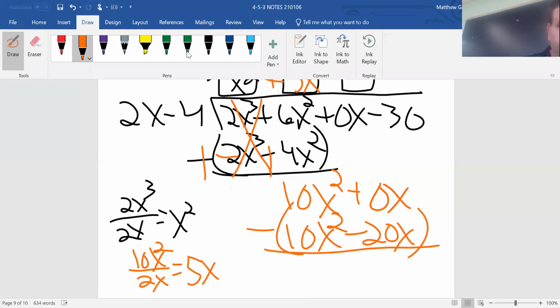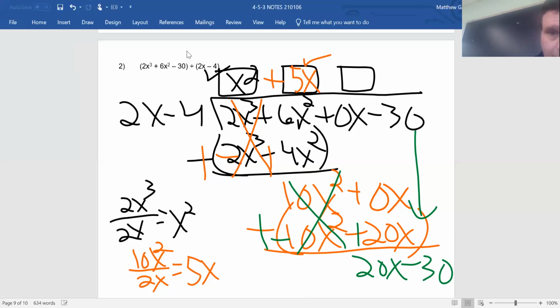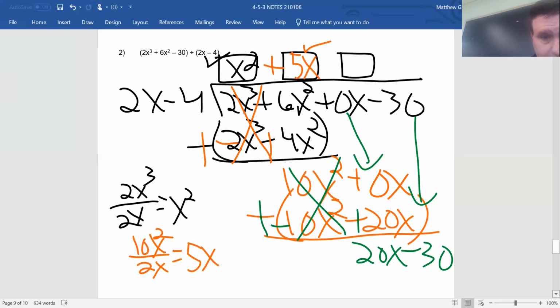And then subtract vertically. We have 20x minus 30.